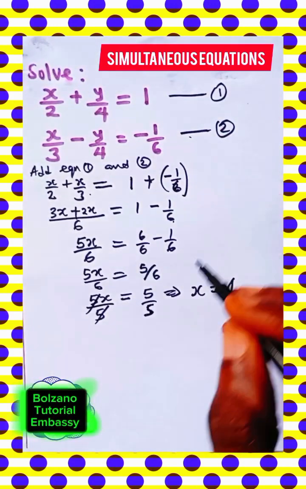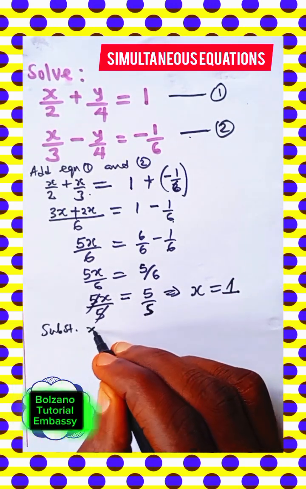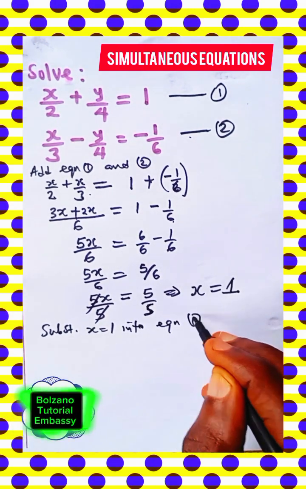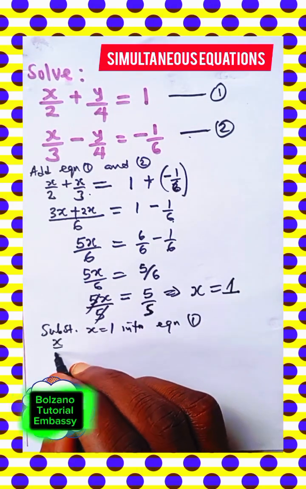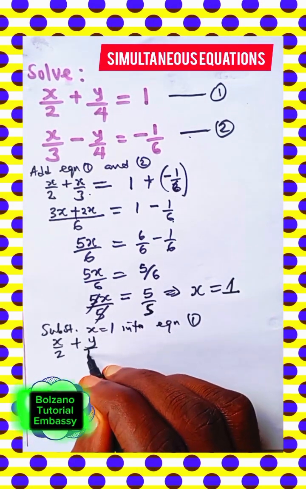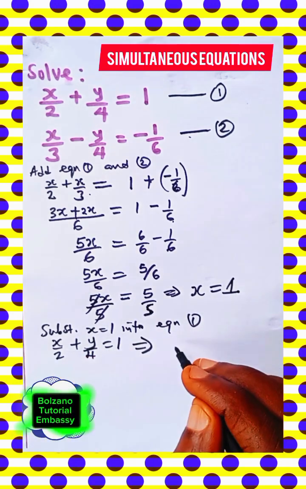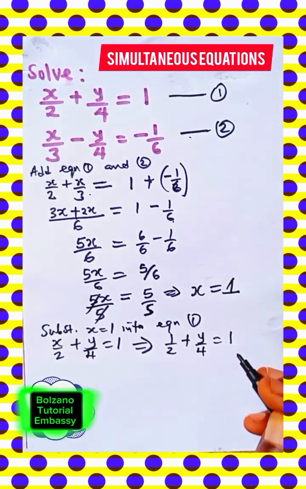Now to find y, we can substitute x equal to 1 into equation, let's use equation 1. Let's restate it: x over 2 plus y over 4 equal to 1. This implies that when x is 1, we have 1 over 2 plus y over 4 equal to 1.